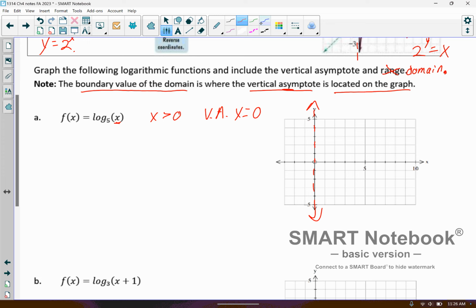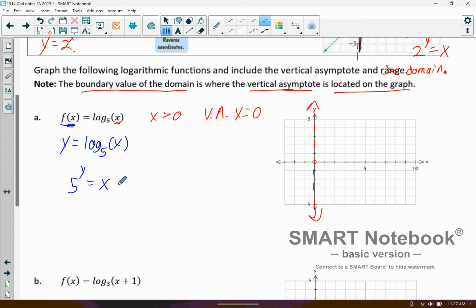Now we're going to change our function notation to y equals log base 5 of x. Then we convert this to exponential form, so we have base to the power of y is equal to x.